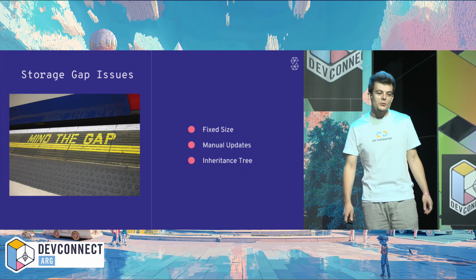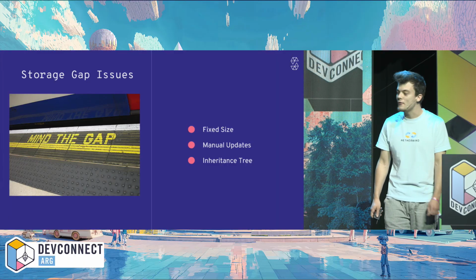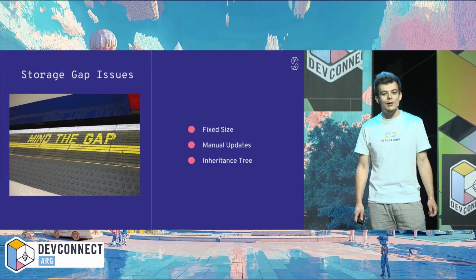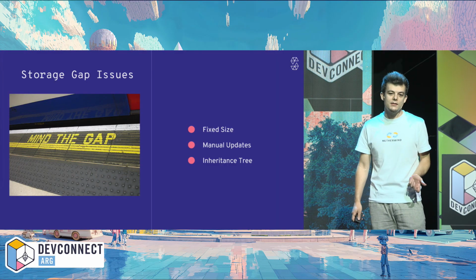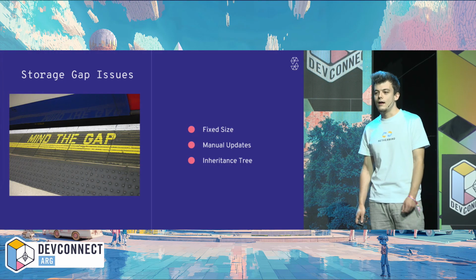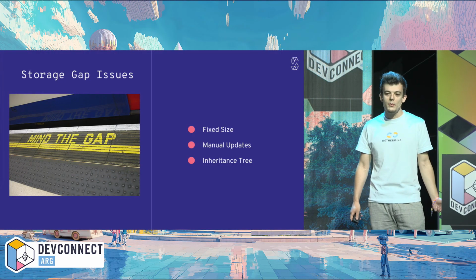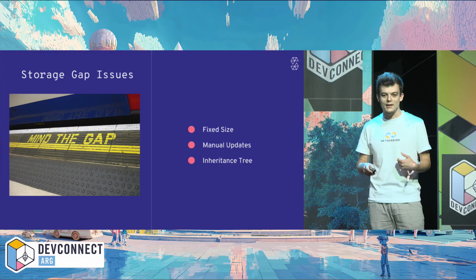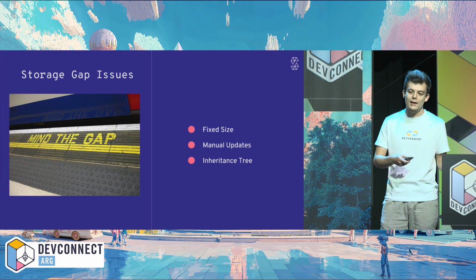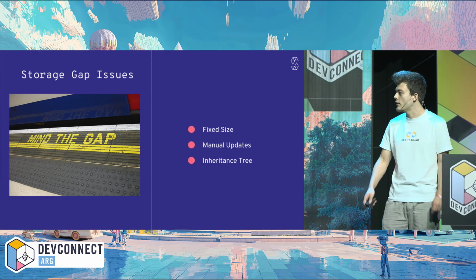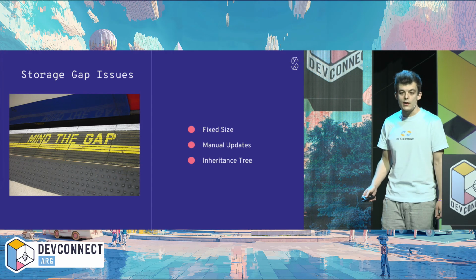OK. But storage gaps have some issues. You have to mind the gap. So first of all, you have to use a fixed size of gap. Usually it's 50. In some cases it's even like 1,000. But you have to know ahead of time how big you want to set the gap. And you can't really modify it or make it larger in the future without, again, impacting the storage of other contracts. A big issue is the manual updates.